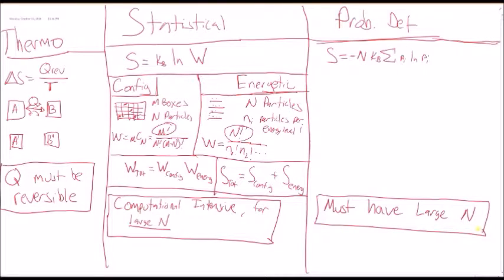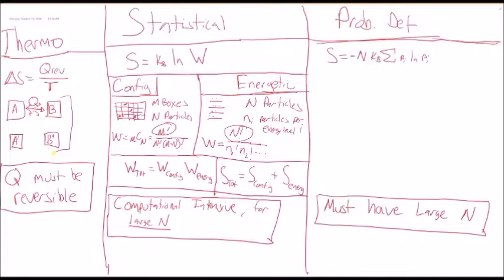So now, when you're taking your midterm, or when you're applying this in any kind of thermodynamical situation, it's important to understand what information is given to you and what the conditions of the problem are. If you have a system where you're calculating heat transfer, then it makes sense to use the thermodynamic definition if the heat transfer is reversible.